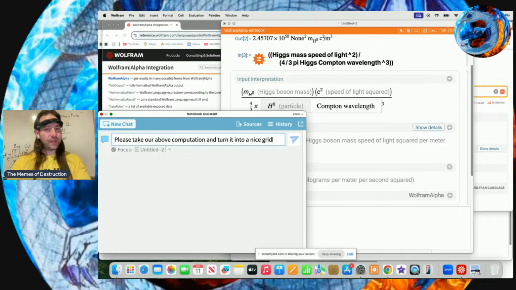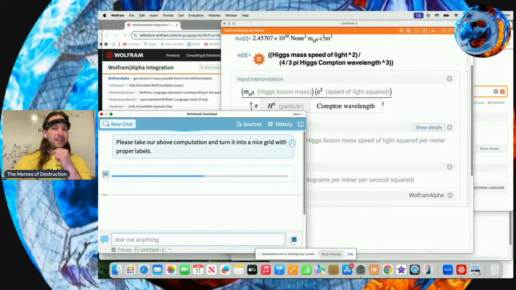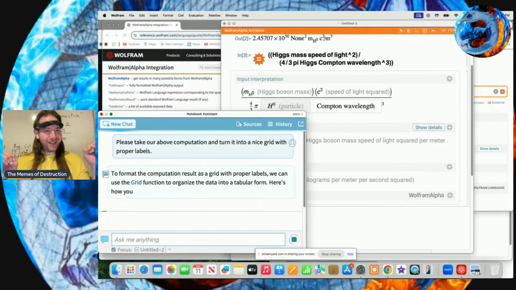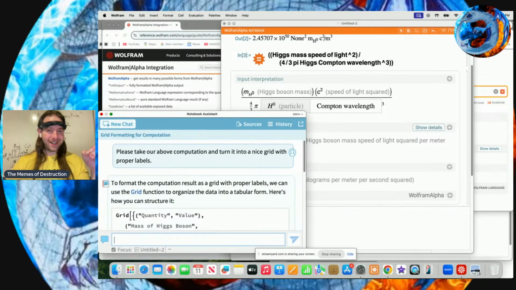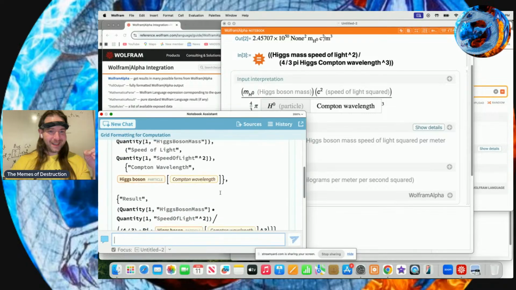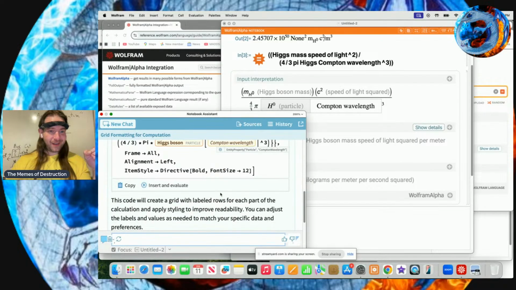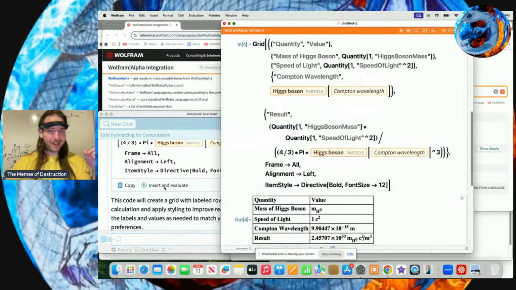A nice grid with proper labels. Let's see what we got. It has the computation. It should be able to... Okay, it's going through. It did some iteration. All right, that looks pretty good. Let's see what happens.